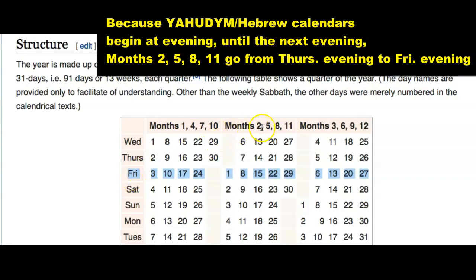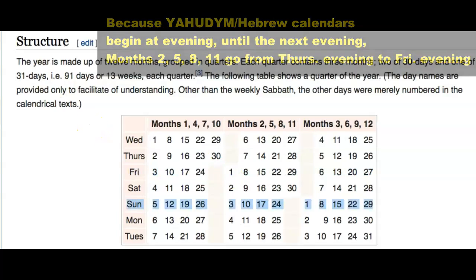Look at months 2, 5, 8, and 11, and how the first day is always on the 6th day of the week. So in today's terms, according to the Gregorian calendar, that would mean it begins on Thursday evening and goes all the way until Friday evening.